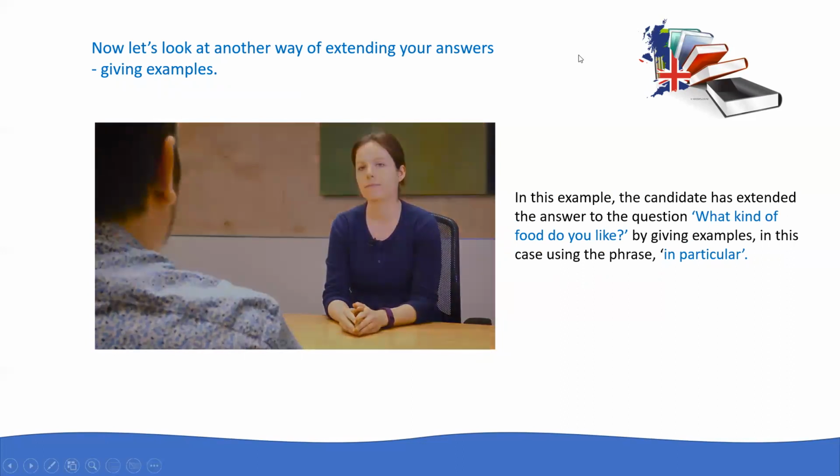All right, so that was very nice because as you can see, the examiner used the word food in the question, right? What kind of food do you like? Whereas the candidate answered it by using a different, higher level word, which is cuisine.